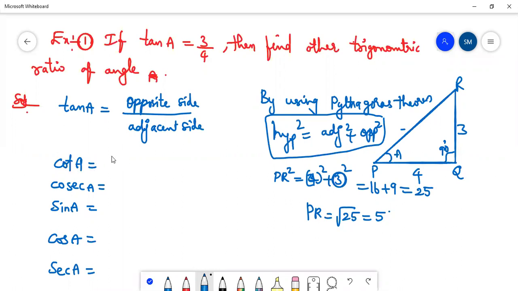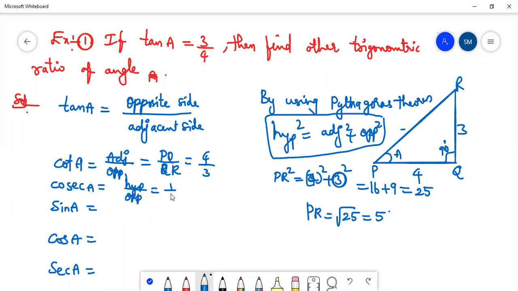Cot A is equal to adjacent by opposite. That is nothing but PQ by QR, equal to 4 by 3. Cosec A, that is 1 by sin A, or hypotenuse by opposite.